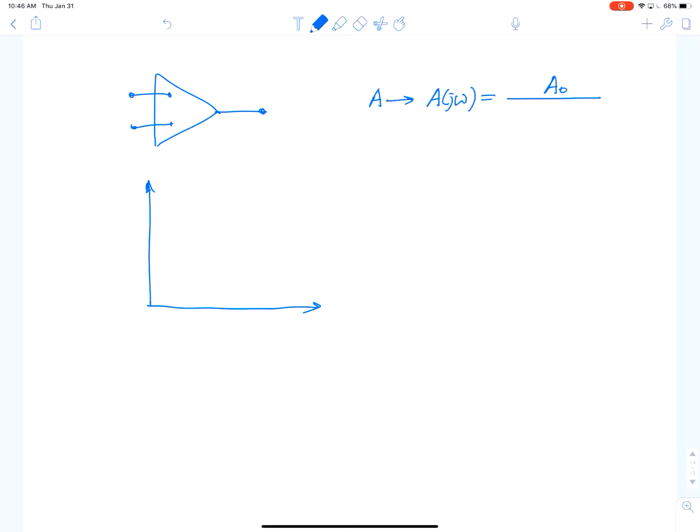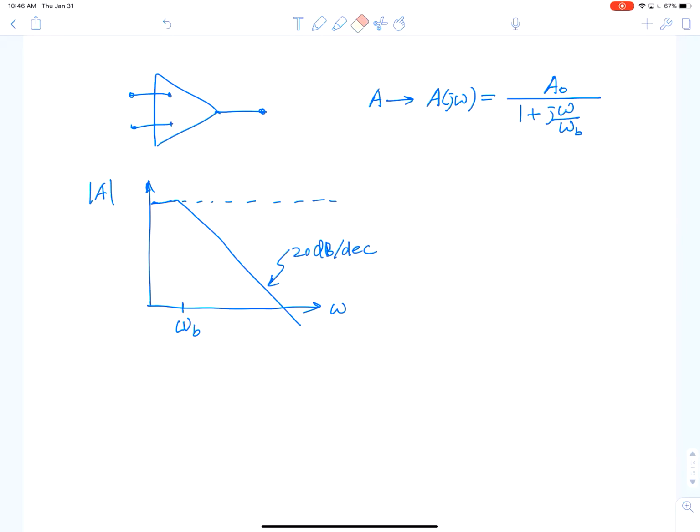At low frequency, it's like our infinite bandwidth ideal op-amp, but we added the frequency dependence that its 3 dB frequency is omega B. So instead of an op-amp that has infinite bandwidth in the Bode plot, we have a finite bandwidth omega B, and beyond omega B it starts to go down at 20 dB per decade, the standard single pole response.